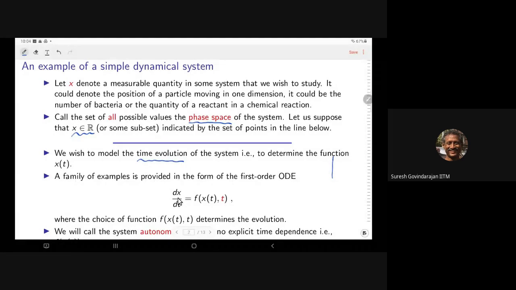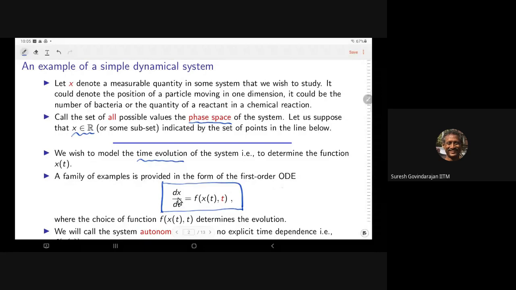A simple family of examples is provided by something like this: a first order ordinary differential equation, dx by dt, the time derivative of x, evolves according to a function f, which is a function of x and t.